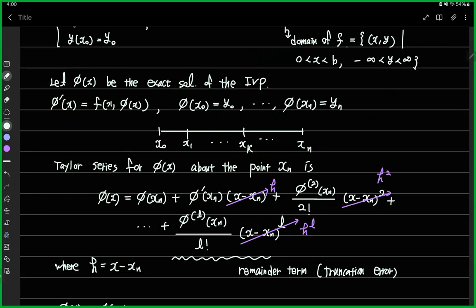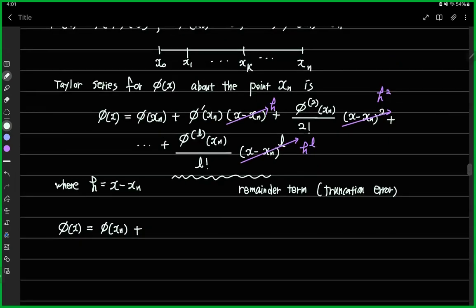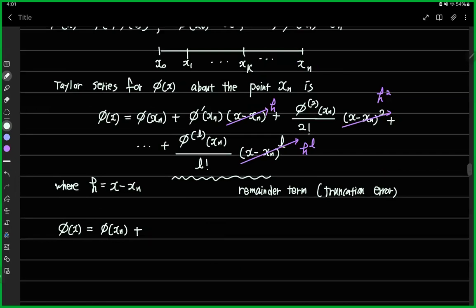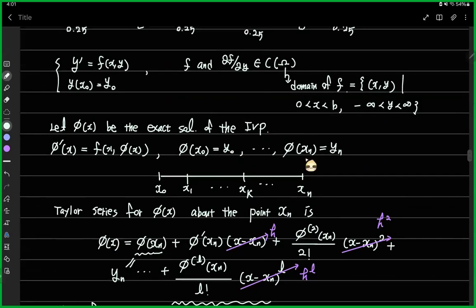And the second derivative is f prime, the derivative of f with respect to x. By the way, since phi is the exact solution, phi of xn must be equal to y sub n.